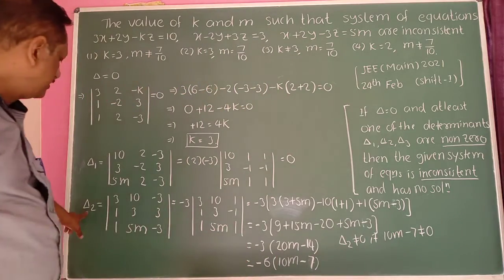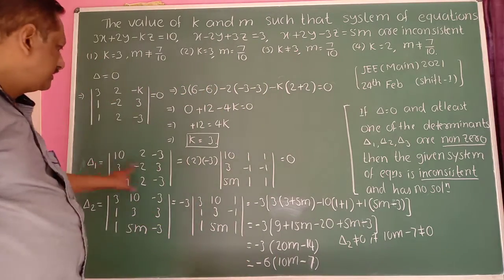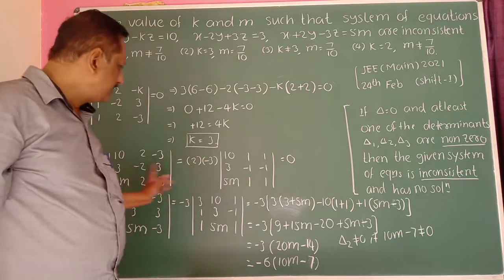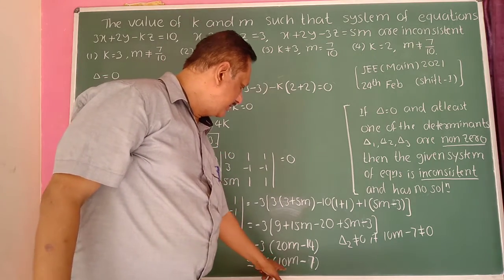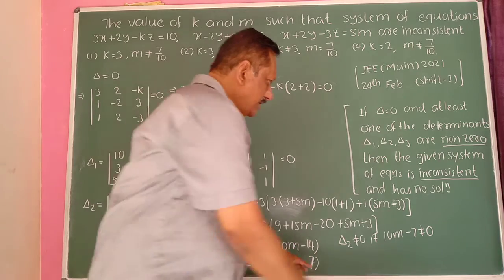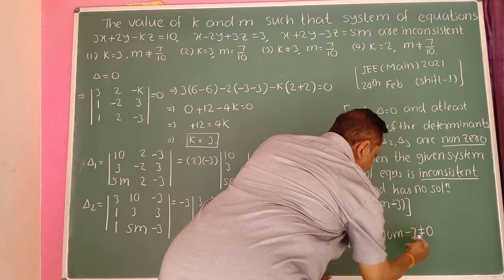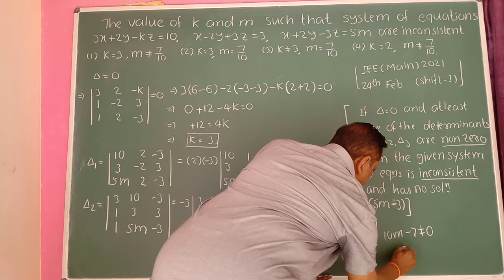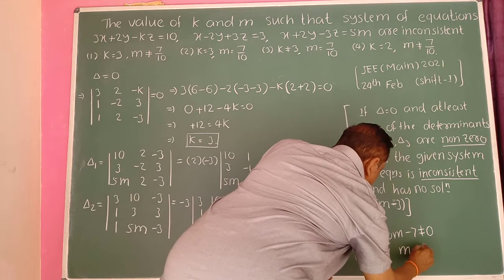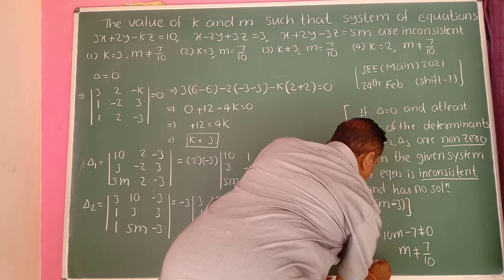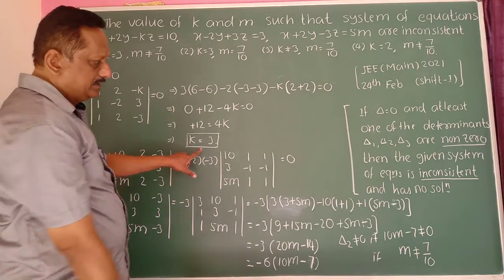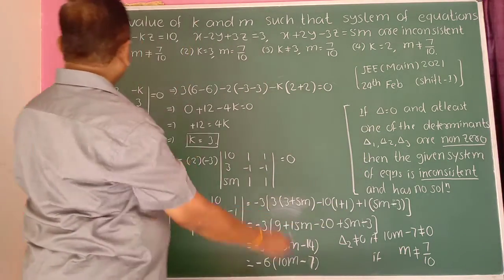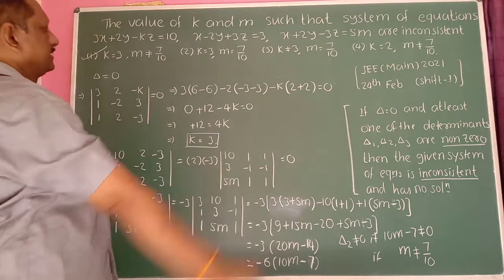Delta 2 cannot be 0 because delta 1 is already 0. Delta 1 is 0, delta 2 not 0, it is possible when this is not equal to 0. Therefore, take the minus 7 to the right hand side, that is m is not equal to 7 divided by 10. Therefore, k value is 3, m is not equal to 7 by 10. So, the first option is 30.